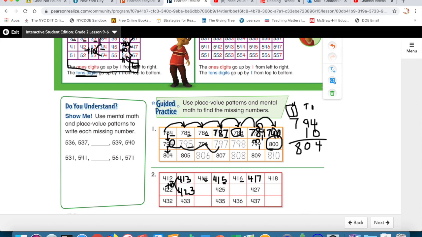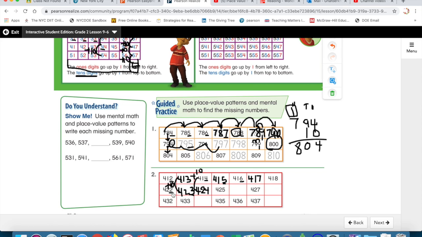Okay? Here, the same thing. Now we can continue this way, but I want to go top to bottom. So 414. What would the number here be? What are we adding? Right, 110. So you could add a 10. So 414 plus 110 would be 424. Very good. Now, if I wasn't sure, I could look at my number from left to right, and here the number in the ones place is the number that has to change.